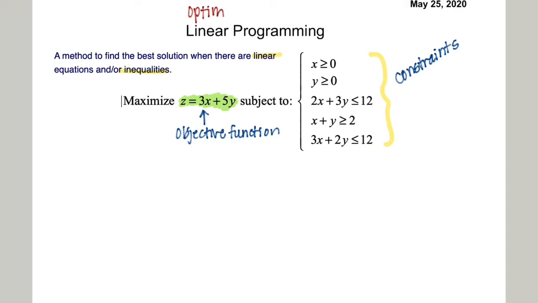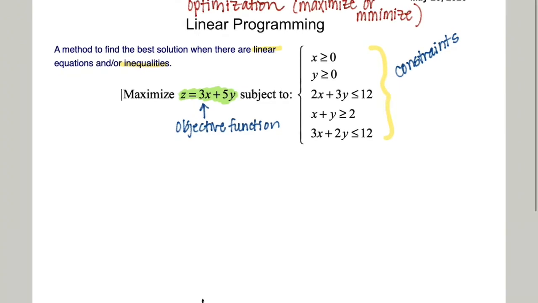We want to optimize an objective. Optimization is usually maximizing or minimizing, either one. It all depends on whether you want to maximize your profits or minimize your cost.